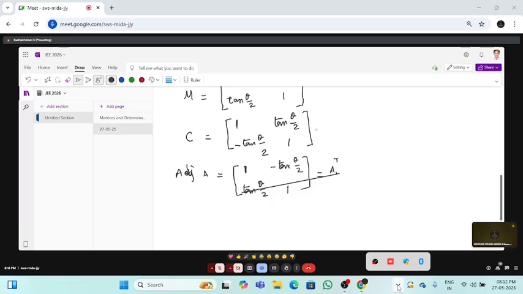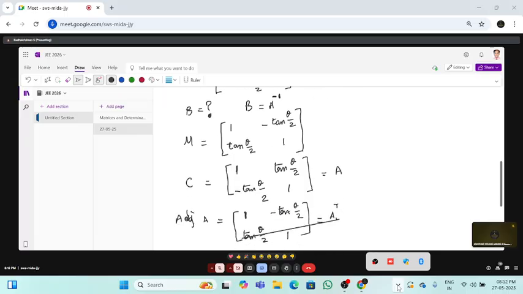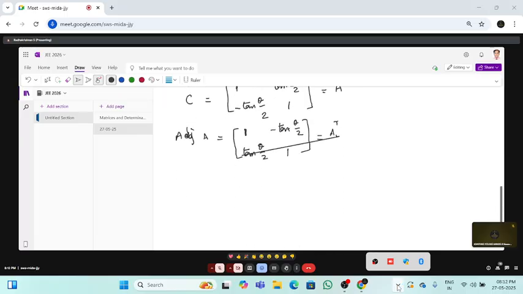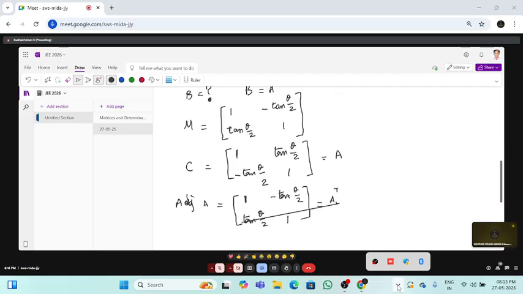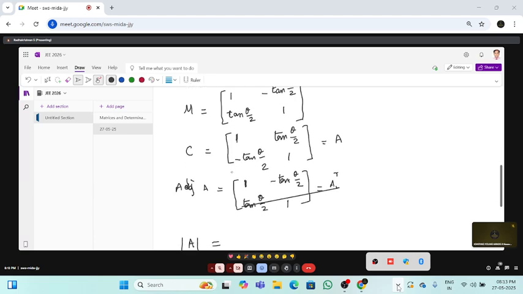Next, you have to get the determinant, because inverse is equal to 1 by det A into adjoint A, right? Okay. Next, what is det A? 1 plus tan square theta by 2. Very good.